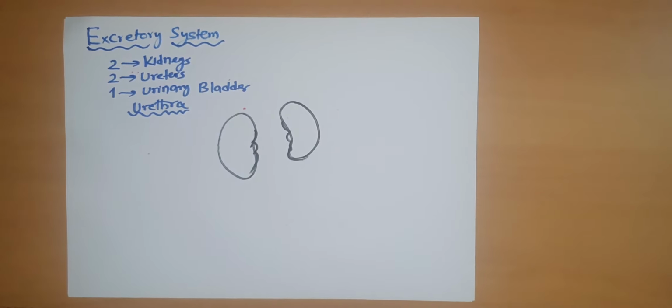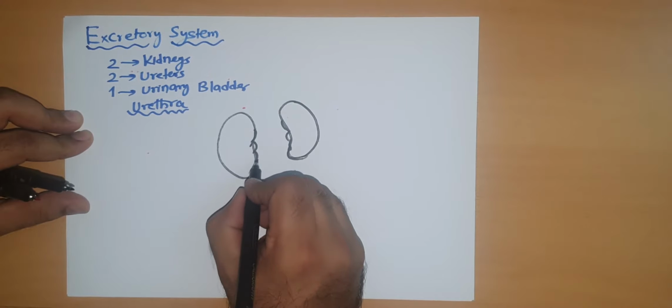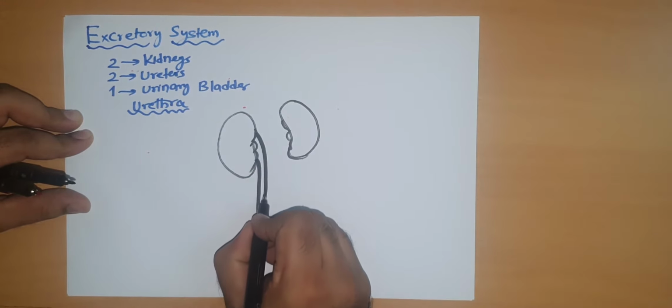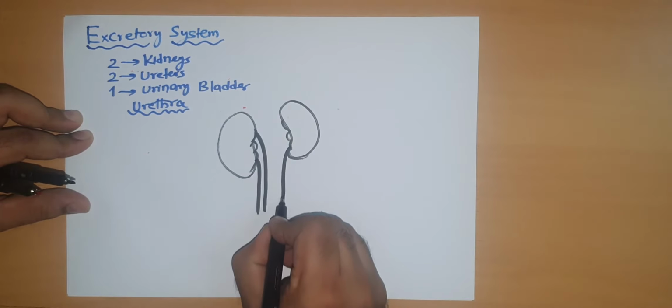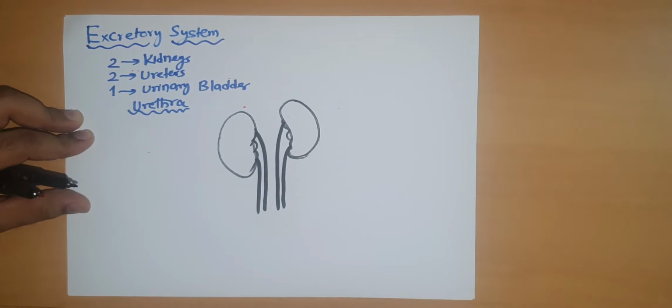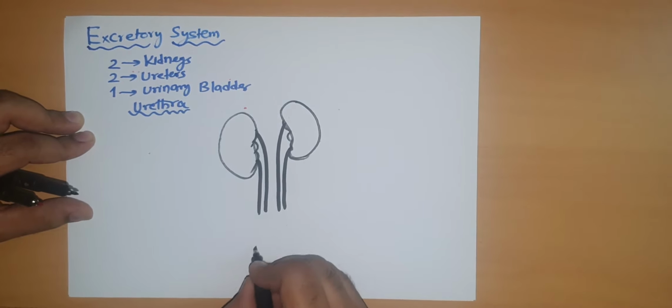When I draw these kidneys, if you observe, I have drawn the left kidney a little bit higher than the right kidney. After drawing this, I'm drawing these structures. These are the ureters. I will label them afterwards.